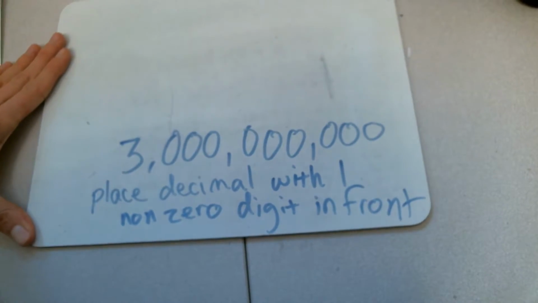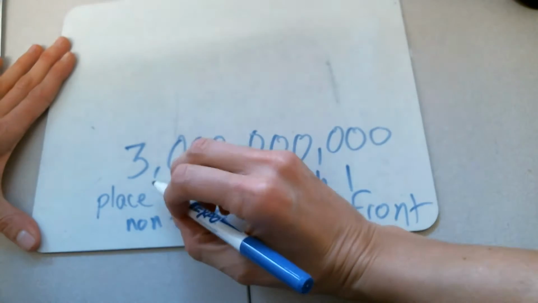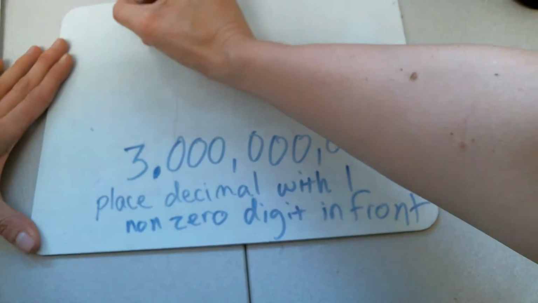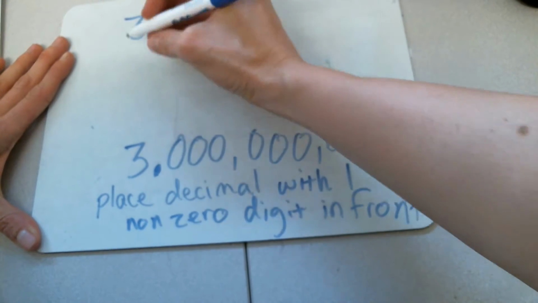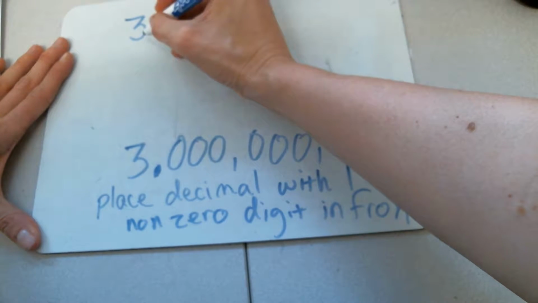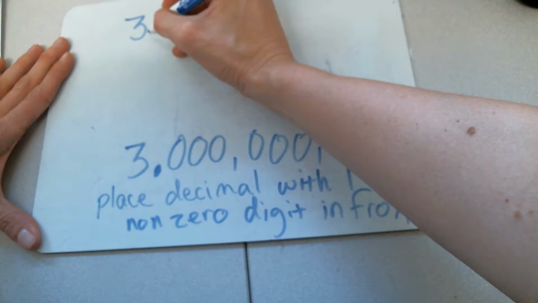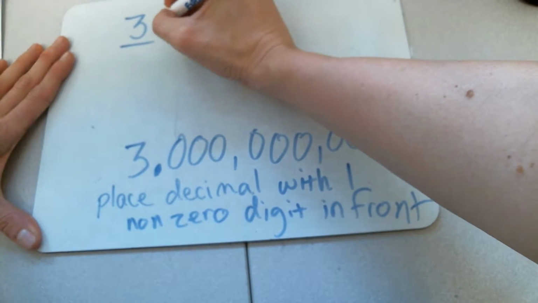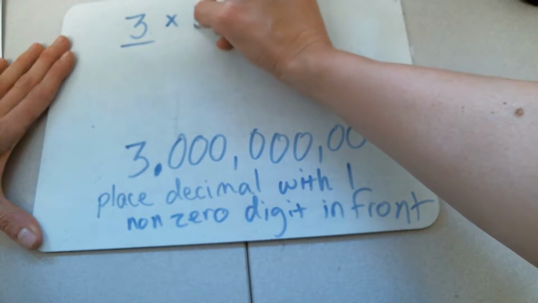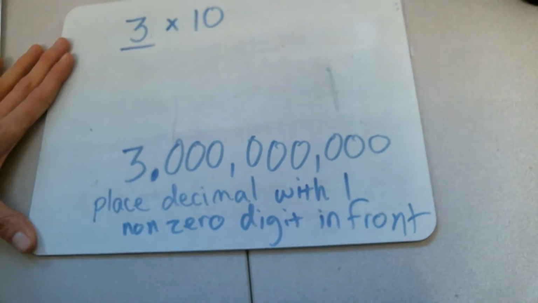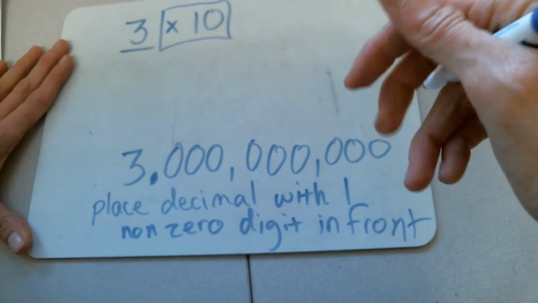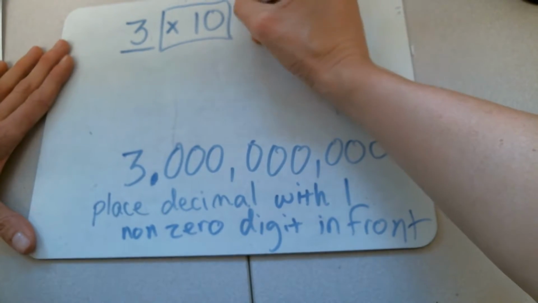Okay, so with this number, I would put my decimal right here, right after this 3, because then I have 1 digit in front of my decimal, okay? I put my number times 10, and this is going to be the same in every single scientific notation. This part, the times 10, is the same. And then to the exponent.